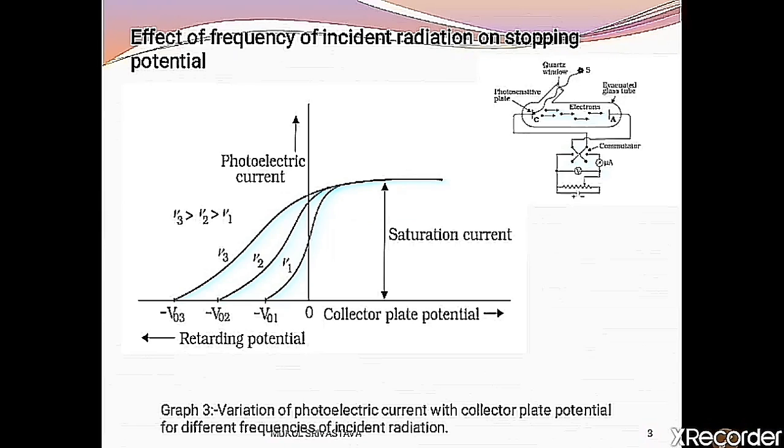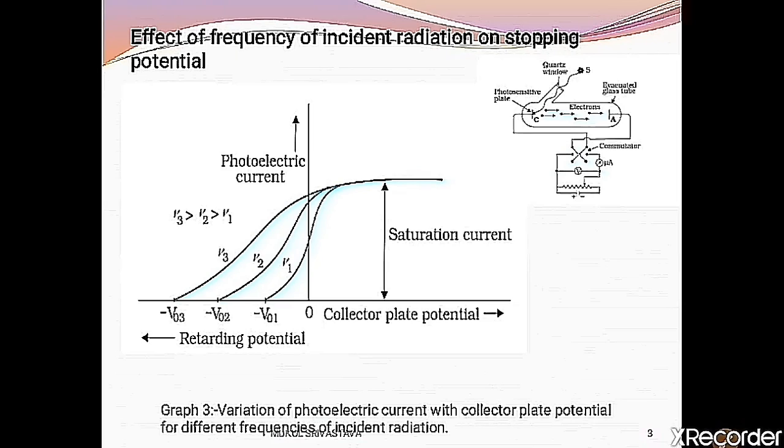Here we are going to study the effect of frequency of incident radiation on stopping potential. For that, we are going to study the relation between the frequency nu of the incident radiation and the stopping potential V naught, or you can say the negative potential V naught. If we suitably adjust the same intensity of light radiation at various frequencies and study the variation of the photoelectric current with respect to the collector plate potential, the resulting variation is shown in this graph.